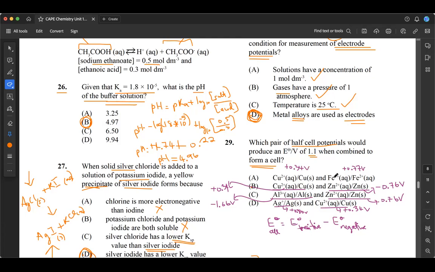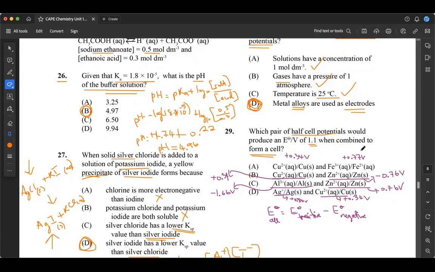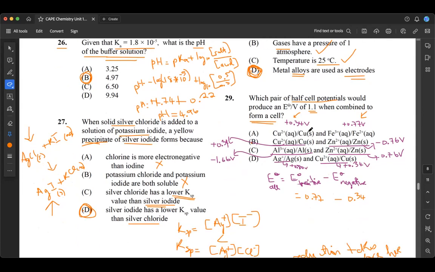And then the iron 3 plus, iron 2 plus is 0.77 volts. So this would be our positive half cell, and this would be our negative one. If we do positive minus negative, we get 0.77 minus 0.34, and that's not 1.1. We know that right away, so we don't even have to go any further.